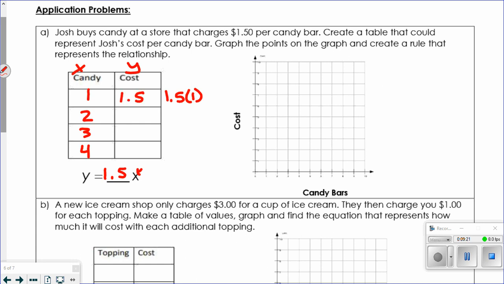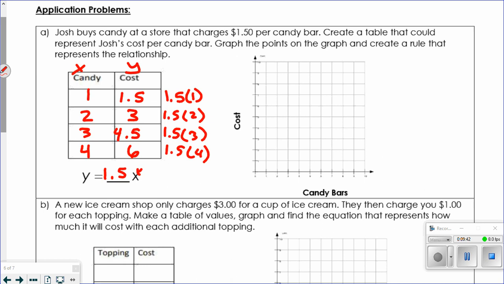So 1 times $1.50 would be $1.50. If I bought 2 candy bars, that would be $1.50 times 2. That would be $3. If I bought 3 candy bars, $1.50 times 3, that would be $4.50. If I bought 4 candy bars, $1.50 times 4, that would be $6.